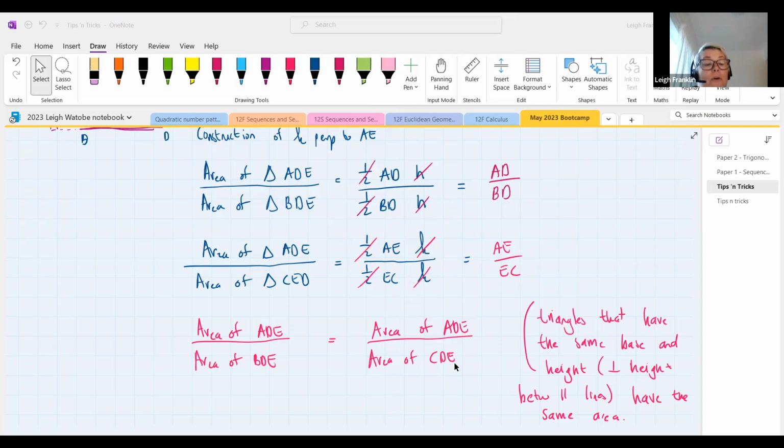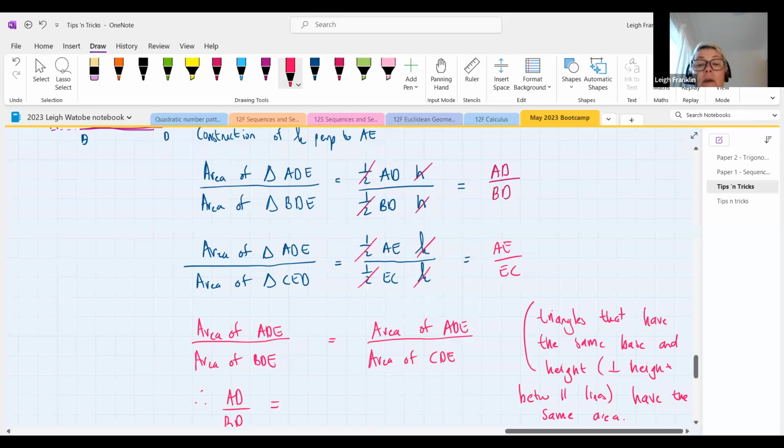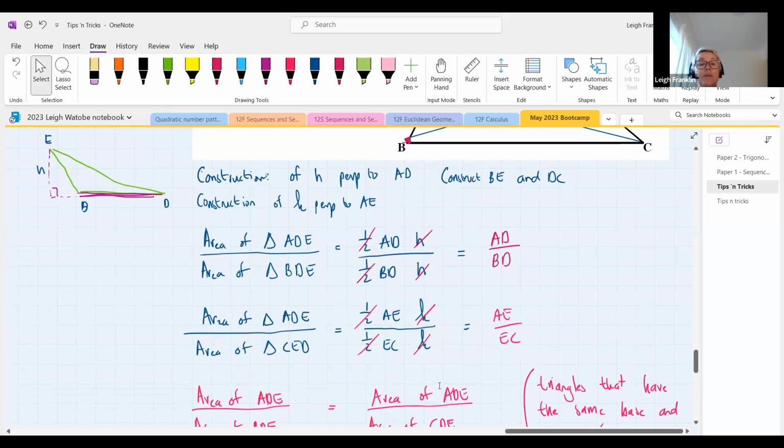So that means we're now at the end. Therefore, we're allowed to conclude that AD over BD equals AE over EC. So that's how it goes. You've got to name the constructions that you've done, and then which triangles you're working in.